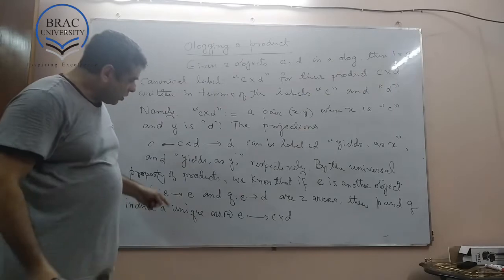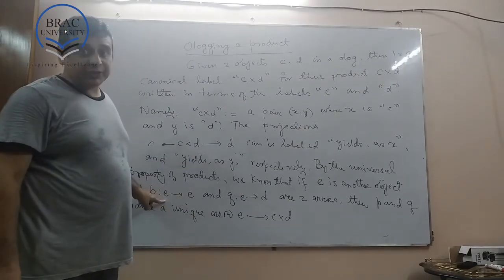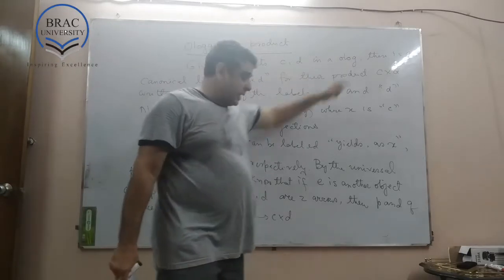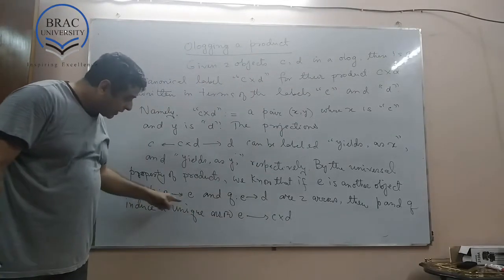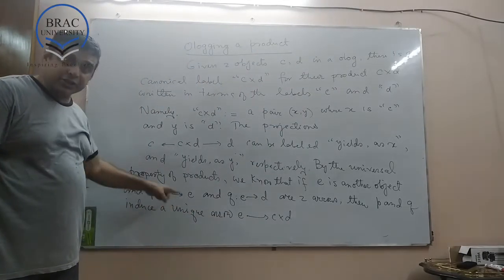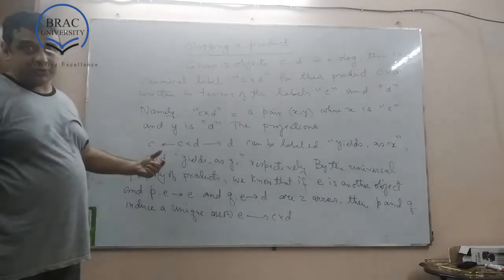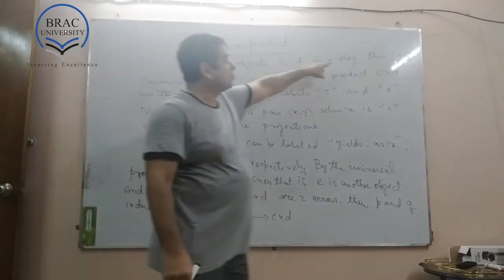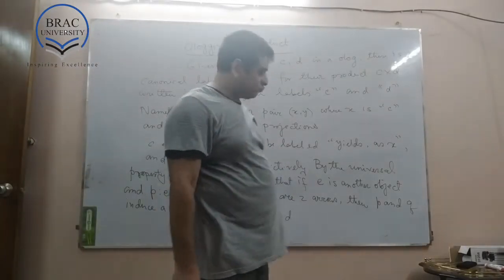Remember that we are not calling these functions. These are just abstract arrows, because we are in the abstract category of O-log. They don't have anything to do with sets. E and C are just abstract types or abstract boxes with labels in this category O-log.